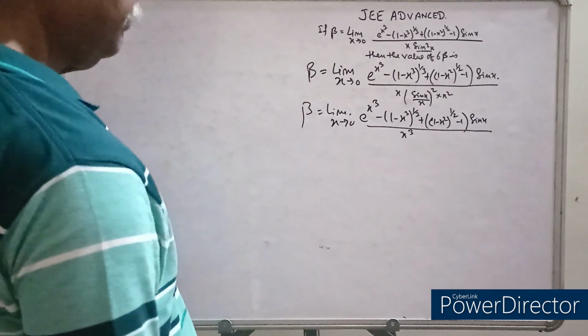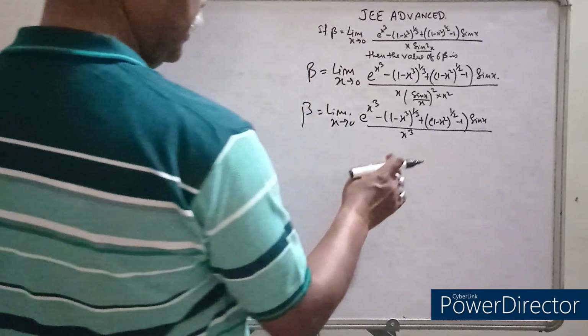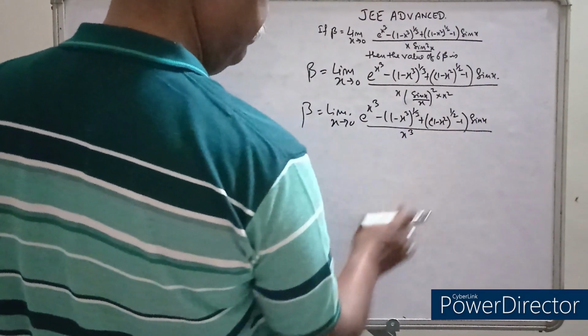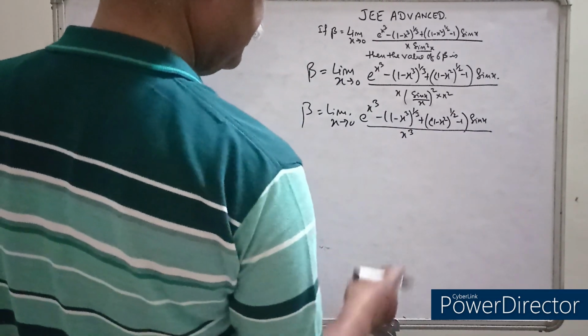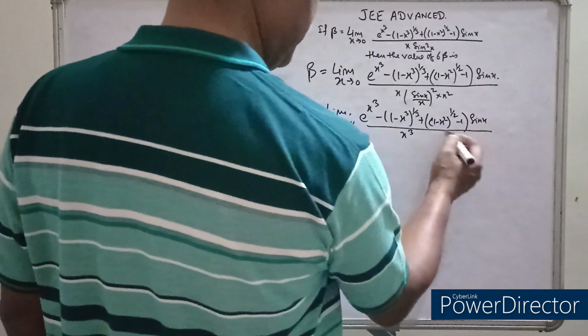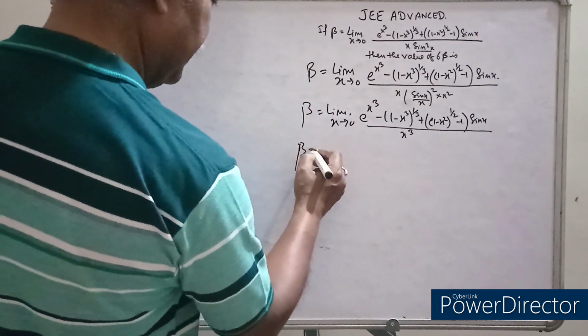Now I am going to divide by the LCM, because this sin x is multiplied here.